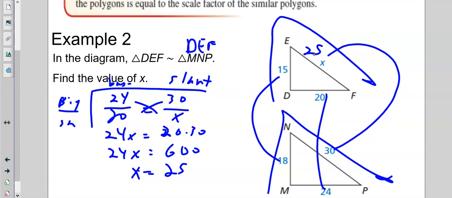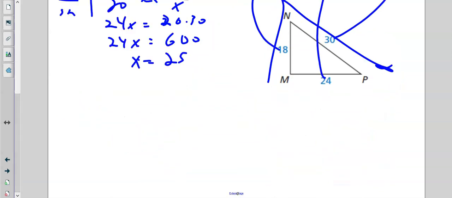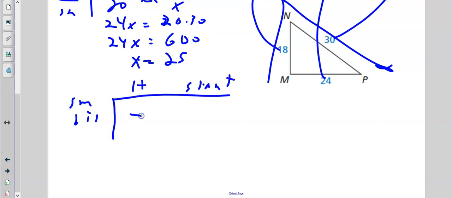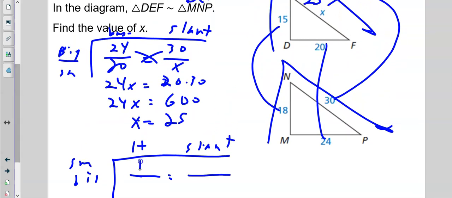Now, if you want to skip this, you can, but I just want to show you that it would work out no matter what we did. So let's say I did small over big, and I use the left side and the slant. Watch how easy this is. Every time, it's hard to make a mistake. So the small left side is 15, and the big left side is 18.